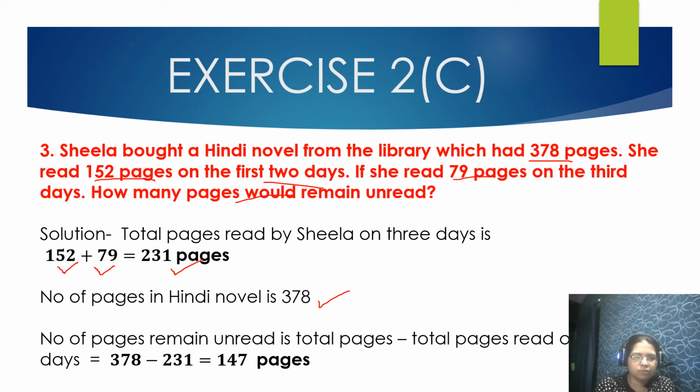So total number of pages remain unread is total number of pages in Hindi novel book minus total number of pages Sheila read on the first 3 days, equal to 378 minus 231 equal to 147. So number of pages that would remain unread is 147.